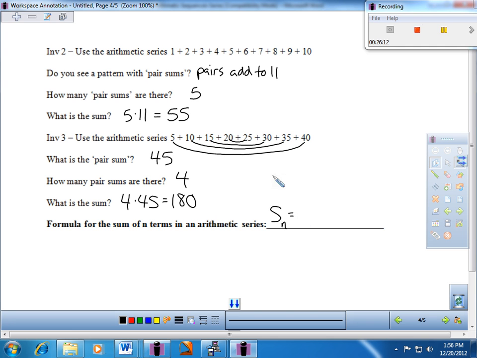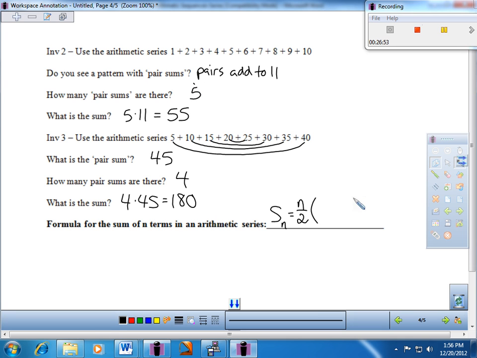If there are n terms, so in this case there were 8 terms, and obviously there were 4 pairs, I'm hoping you would see that it's the number of terms divided by 2. So this gives me the number of pair sums. And that's what it did up here: 10 numbers, and there were 5 pair sums. Okay, so that's the first part.